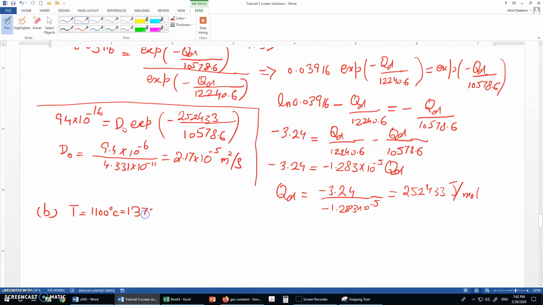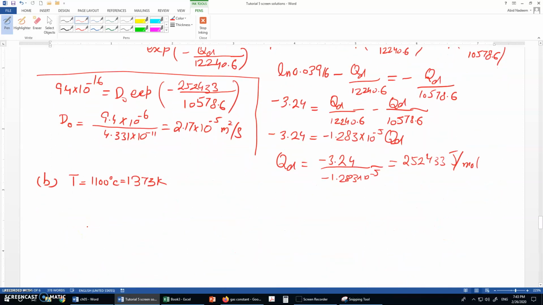So simply use this equation to calculate the value of the diffusion coefficient D. D will be equal to, now we will use this D naught value, 2.17 into 10 to the power minus 5 exponent minus QD, 252,433, divided by 8.31, the gas constant in joule per mole Kelvin, multiplied by the temperature 1373.